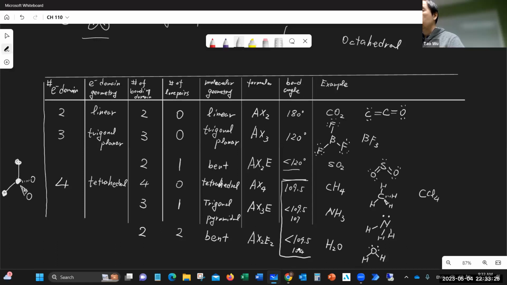This is the reason: the more lone pairs give you a smaller bond angle between each of the bonds. I'm saying this because it will be tested. Very important.